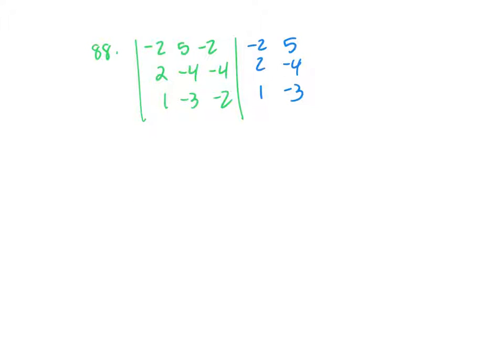So when we do the crosses here, it's going to be this guy here. So it's going to be -2 times -4 times -2. That's what it says here. Oh, that's what I did.